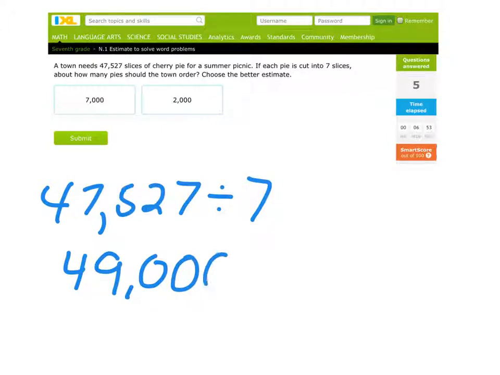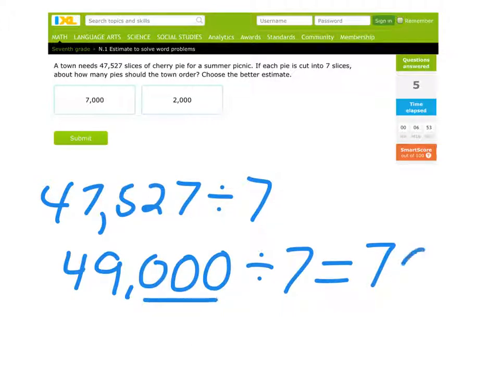Now 7 goes into 49 easily and evenly. If I know 7 goes into 49 7 times, then 7's going to go into 49,000 7,000 times. And so there's no rule of rounding in the universe that would let us turn 47,527 into 49,000, but for estimation purposes, we can just pick any nearby number that's easy to work with.